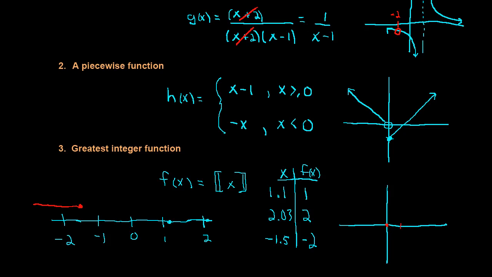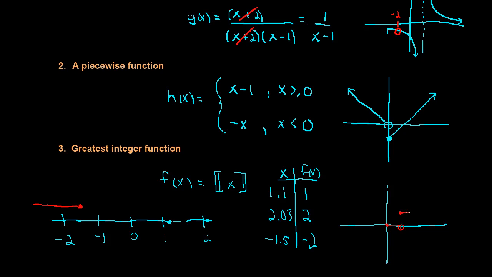Well, 0.5 is also going to go to 0. In fact, all of these numbers before we get to 1 go to 0 until we get to 1. Where does 1 get mapped to? Well, what's the last whole number you get to when you land on 1, before you land on 1? Well, you're on 1, so it gets mapped to 1.